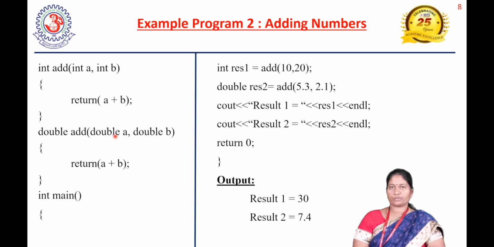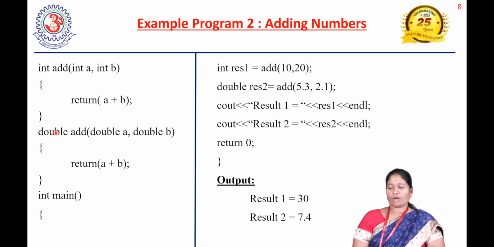So that is also what we need to focus on in the function overloading concept. Here we have only two arguments, but the types of arguments will be different, either integer or float or double. So here double a and double b. After adding, you have to return with the help of the double return type.